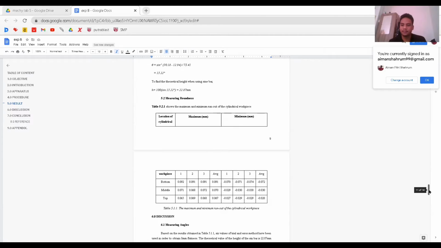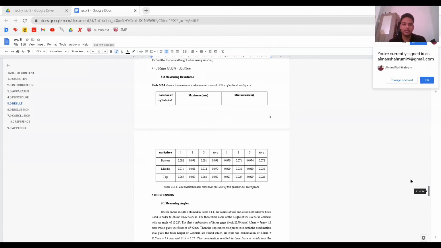For the second experiment, measuring roundness, we have to acquire dimensions from the cylindrical workpiece at the bottom, middle, and the top. We get 3 values for the maximum and 3 values for the minimum, and we get the average.